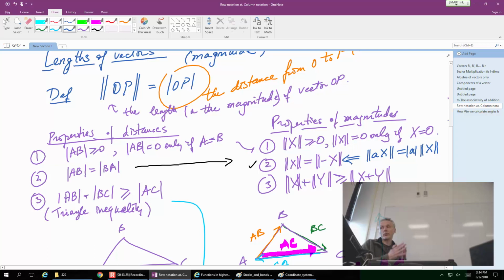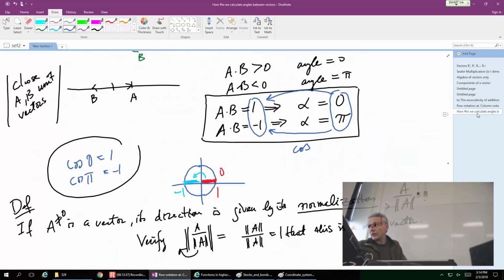So every time we have two algebraic operations on vectors, we have now established a relation between those two and the magnitude. And that is the new version of the property that I just used at the bottom here when I was talking about verifying that normalizing the vector gives you a unit vector.